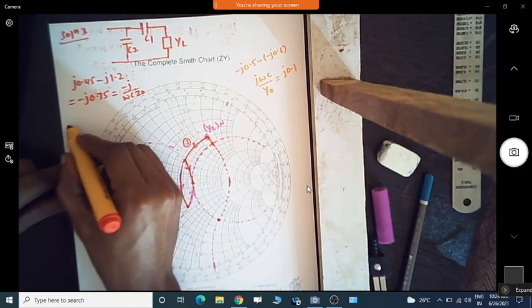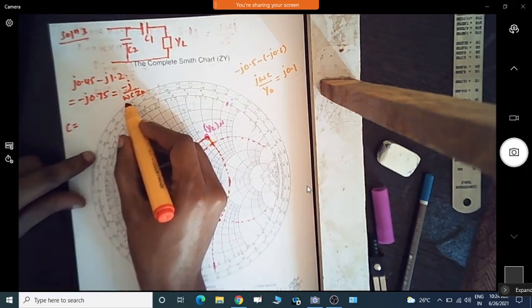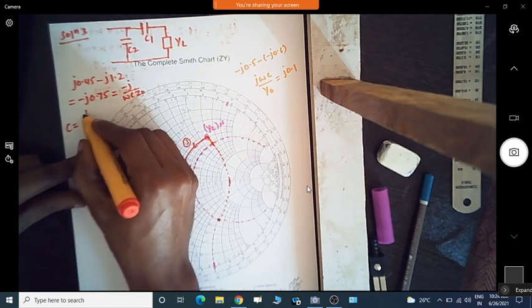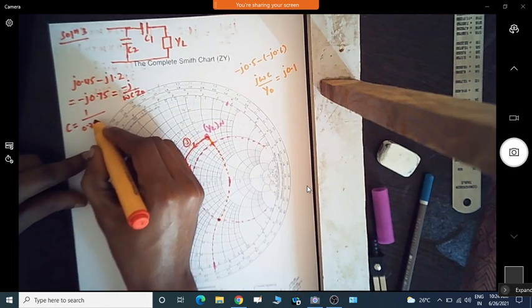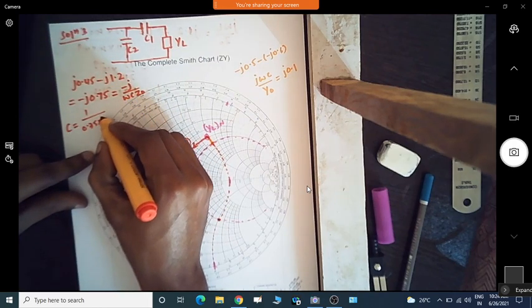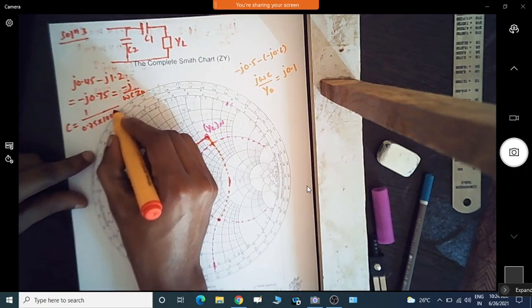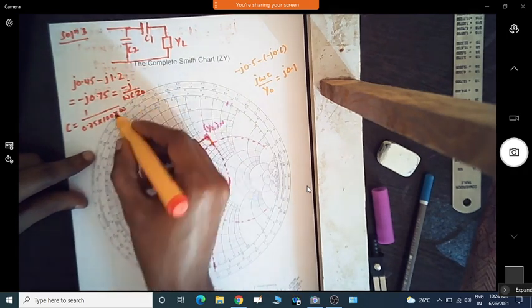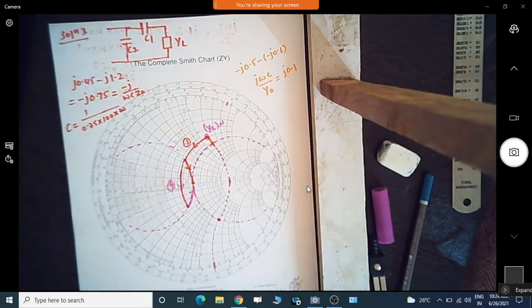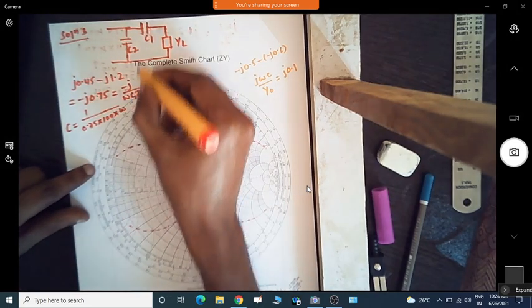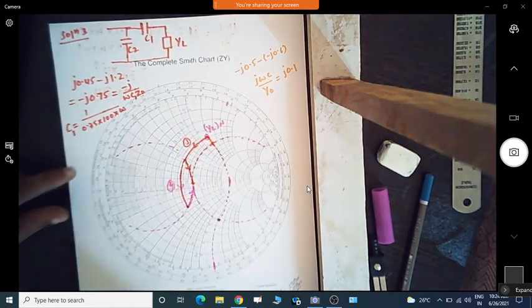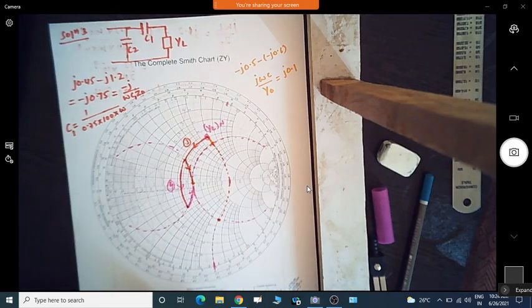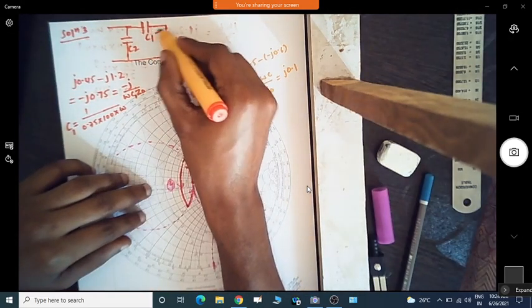So now we can calculate C. C is equal to 1 over 0.75 into 100 into the value of omega. Put that in and we will get the value of capacitor C1. Find out the value of C1 here.